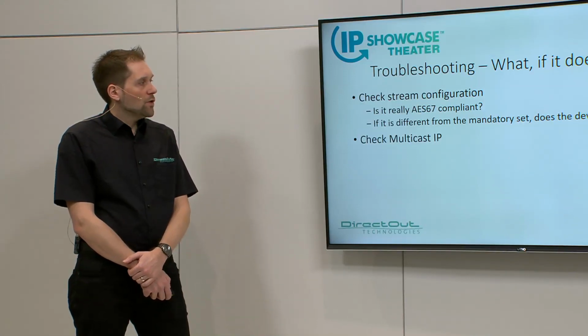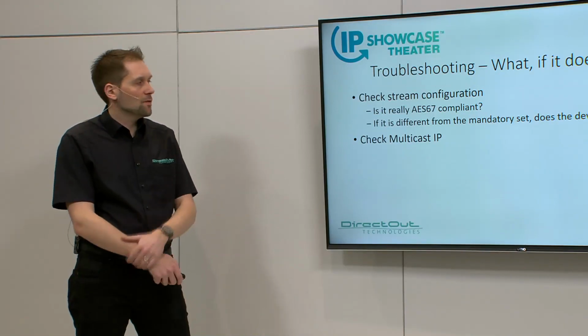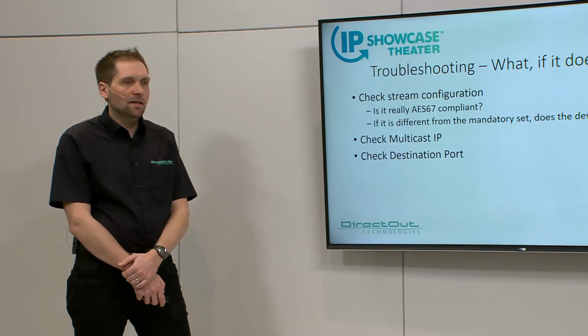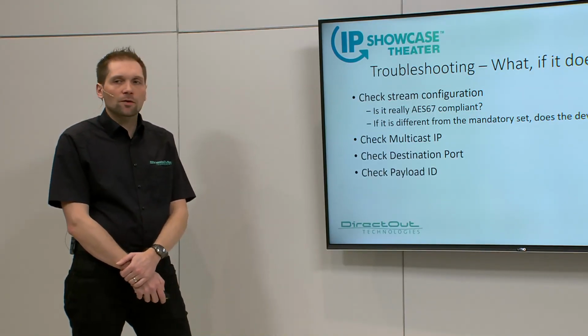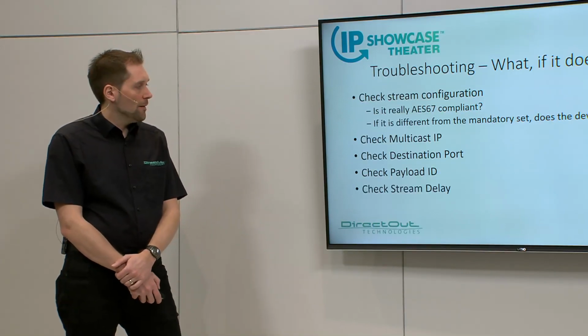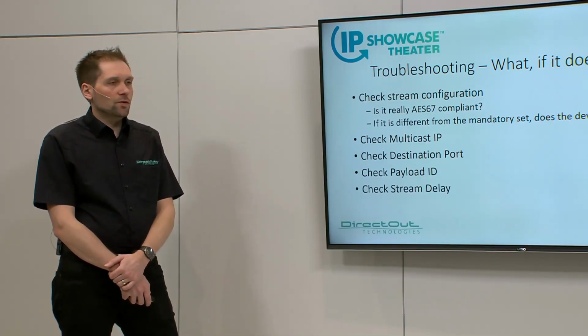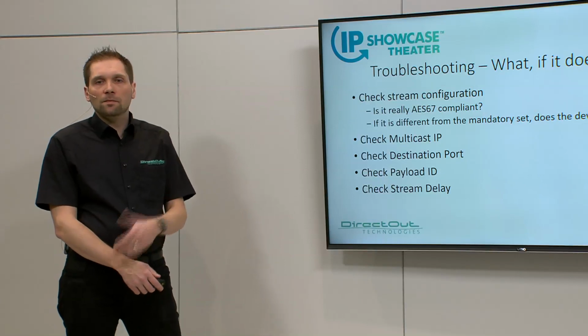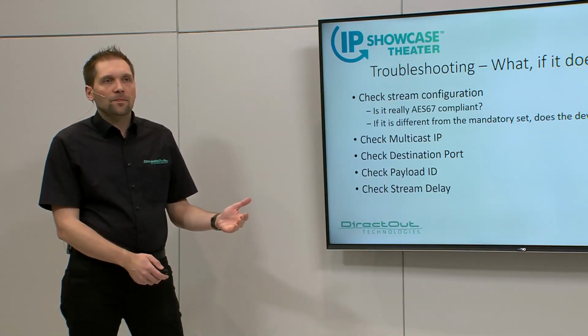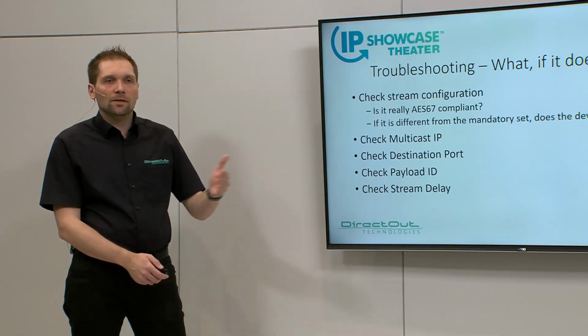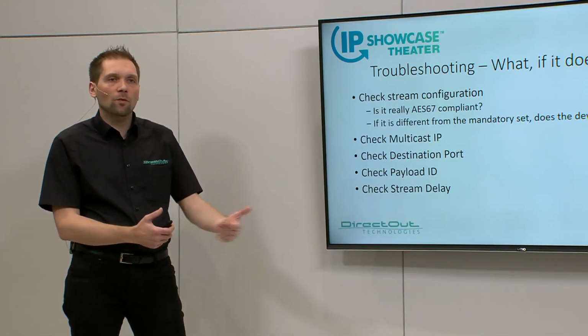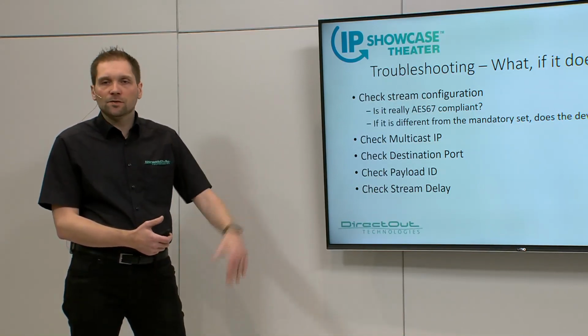Then check the configuration in terms of content. Is my multicast IP correct? Is the destination port correct? Check the payload ID, as I pointed out earlier. And also check the stream delay, because if I have a 1 millisecond packet time and the packet needs to travel the network, if I have a stream delay that is below 1 millisecond, the packet will be always too late.